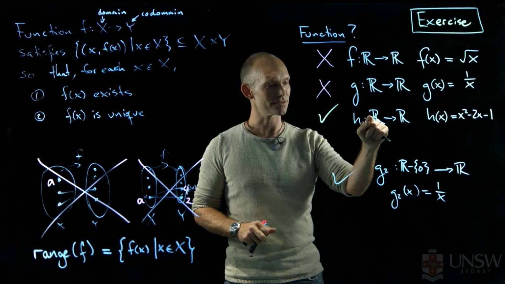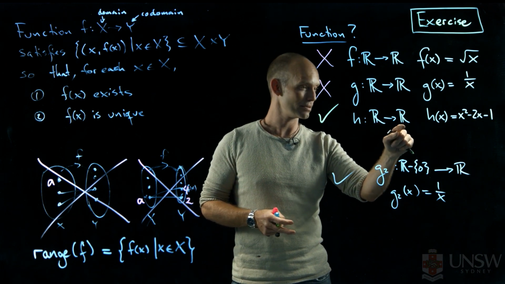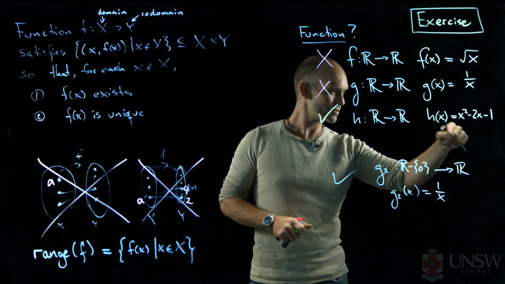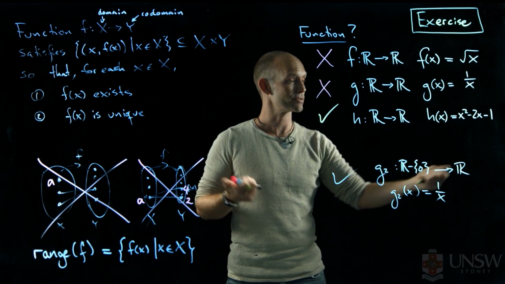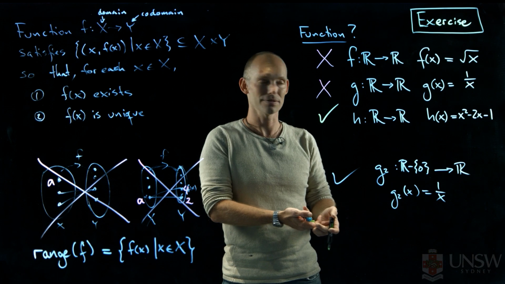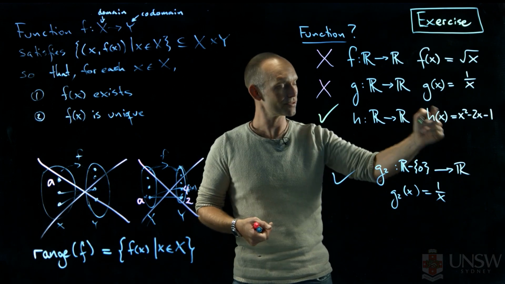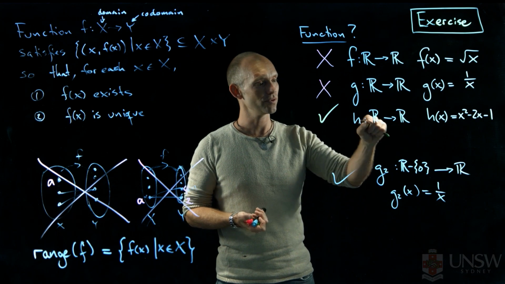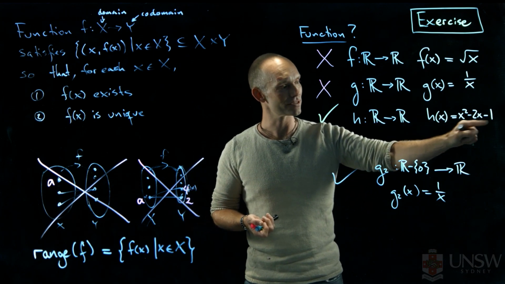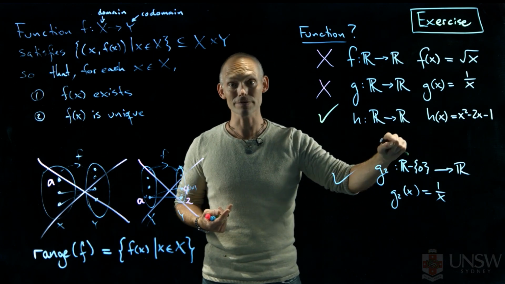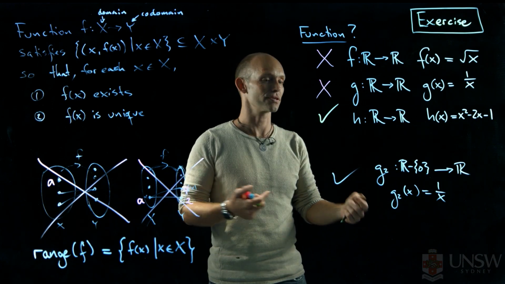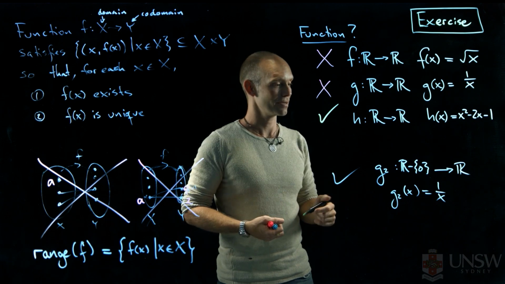Okay, so the codomain is the real numbers there. h is just this parabola, just a parabolic expression, a second degree polynomial in x, and sure, there's nothing wrong with that. If we plug any real number into this expression, we will get a real number out of it. The function values h of x for each x are defined, so yes, this is indeed a function.